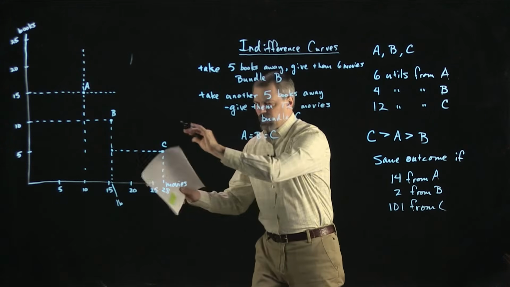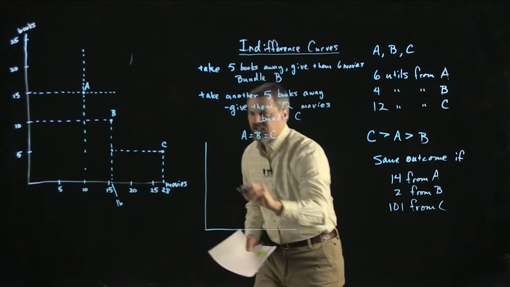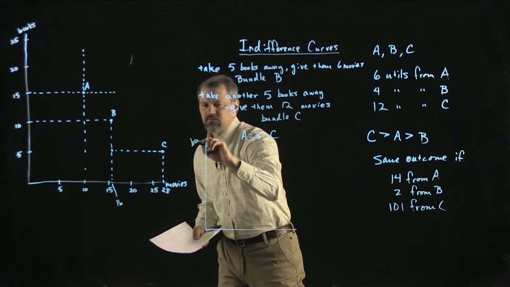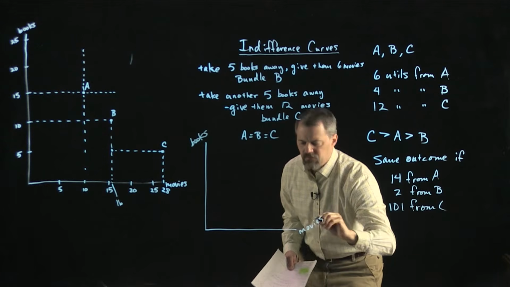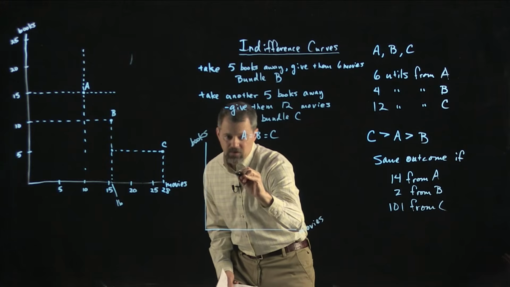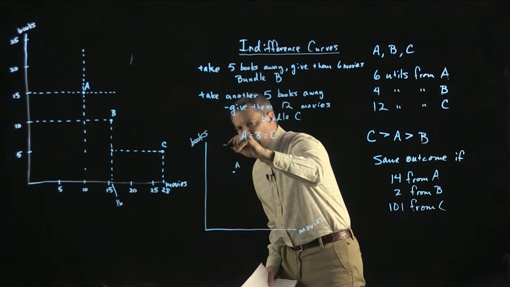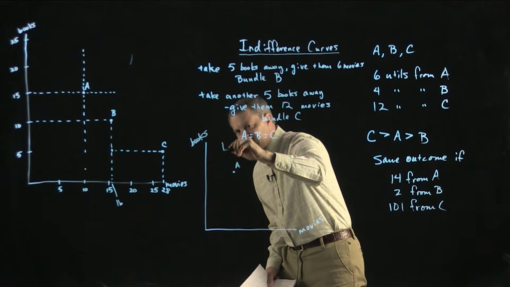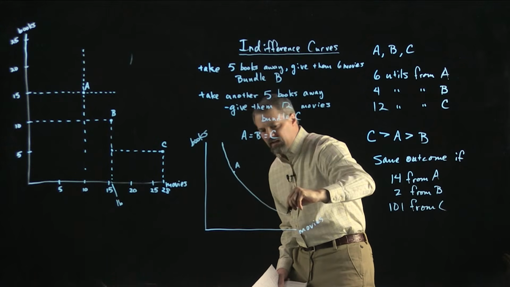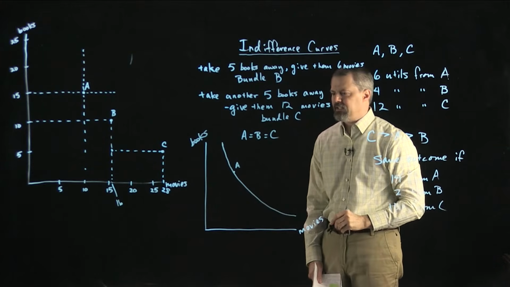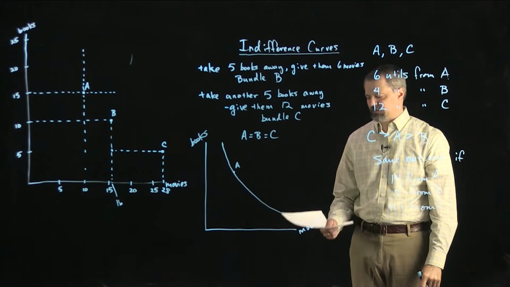So let's just think about what I just said here. Here we've got books. Here we've got movies. And let's start here with our bundle A. What we did was we found 2 more points, but what that indifference curve is going to look like is it's going to come through A and through B and through C, and it's going to be curved like this. That's an indifference curve.